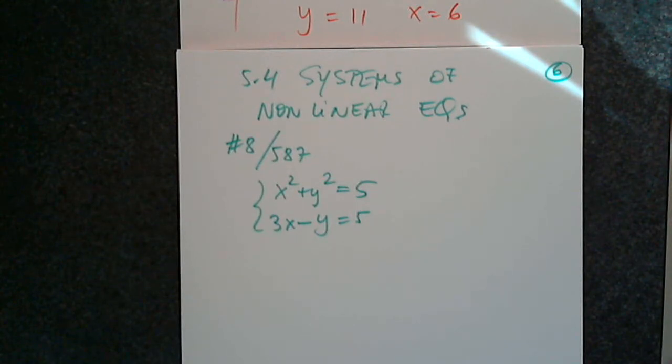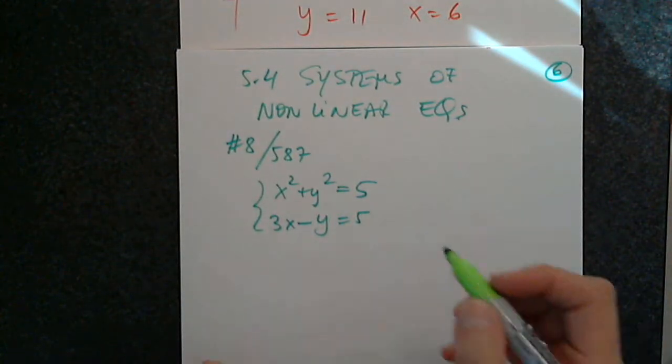When I square a binomial, how many terms do I get? 3. I will get 9x squared minus 6xy plus y squared, and I'm in big trouble. So you would just move over the 3x and then multiply by -1 on the bottom equation for y.